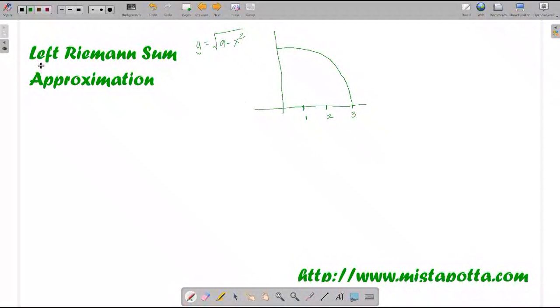So if I do a left Riemann sum, that means I'm using my left endpoints to determine the height of each rectangle.